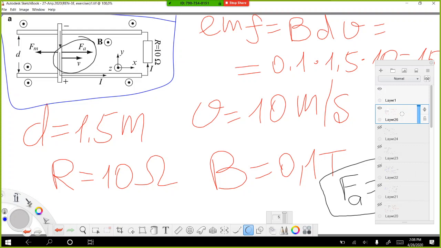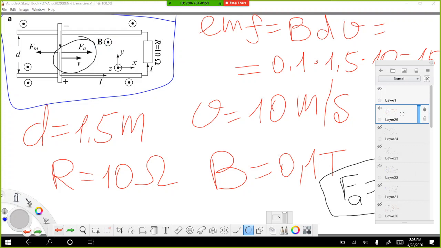We have two rails and one bar sliding on these rails, and all these are situated in a uniform magnetic field with flux density B, which is given.